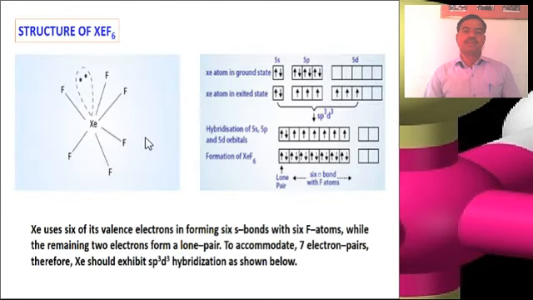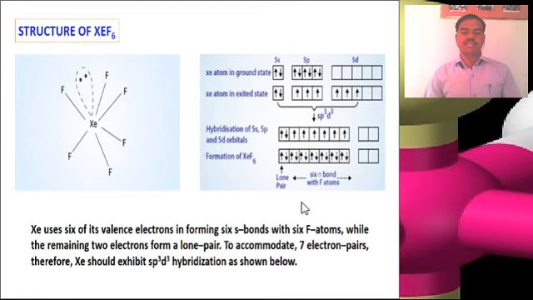In the structure of the XeF6 molecule, here is the Xe atom ground state electronic configuration and the Xe atom excited state electronic configuration, and here the hybridization of 5s, 5p and 5d orbitals is sp3d3 hybridization.